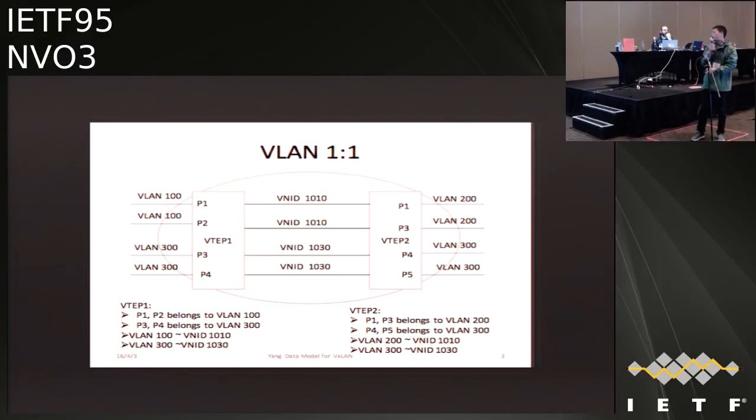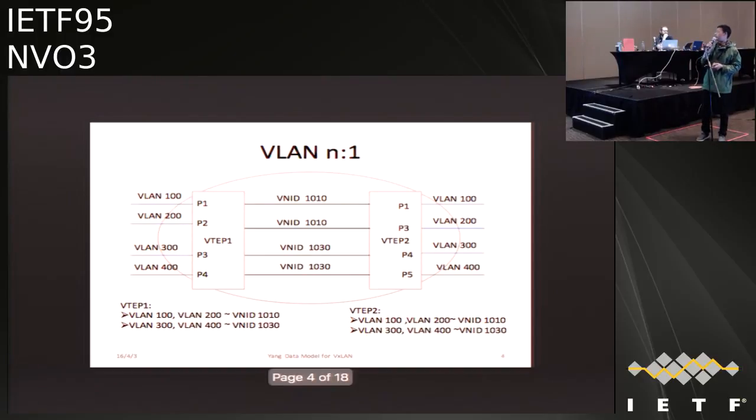Okay. So for this type, we can say that the VLAN IDs of VTEP 1 and VTEP 2 mapping to the same VNID can be different. Here for VNID 1010, for VTEP 1 the VLAN ID can be 100, but for VTEP 2 the VLAN ID is 200.